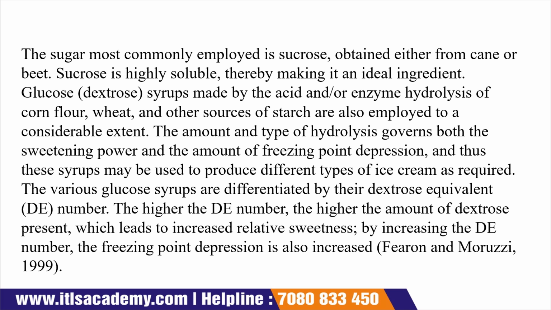The sugar most commonly employed is sucrose, which is obtained either from cane or beet. Sucrose is highly soluble, thereby making it an ideal ingredient for the manufacturing of ice cream.